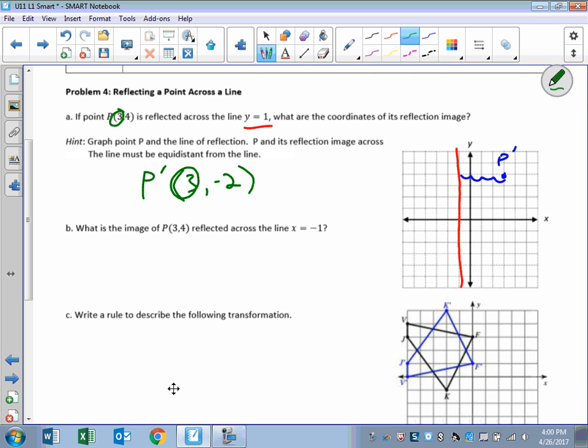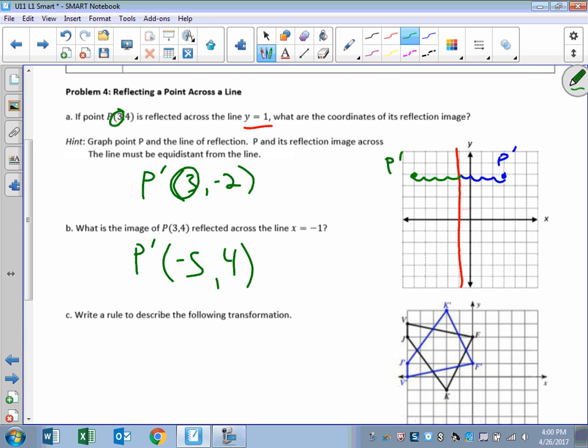So we got to go 4 in the other direction. 1, 2, 3, 4. That's going to be P prime. And like I said before, since we're reflecting over a vertical line this time, you notice the y coordinates stay the same, and the x is now -5.